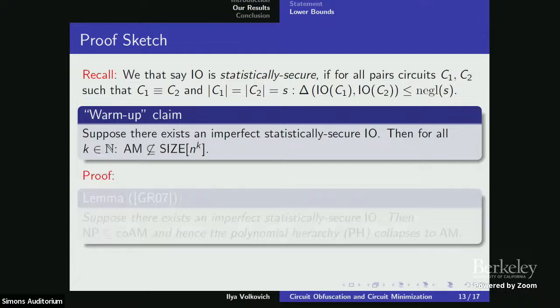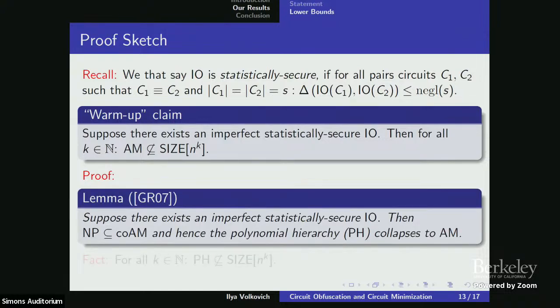The starting point goes back to, I think, the first result that started exploring these impossibility results for IO. This is the result of Goldwasser and Rothblum, which showed that if you have imperfect statistically secure IO, then the polynomial hierarchy collapses to AM. Among other things, they've shown that.